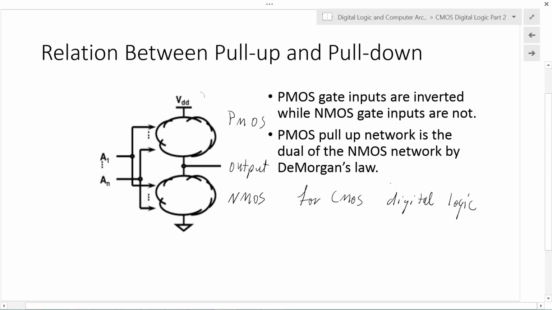Also, the pull-up network is going to be the dual of the NMOS network by De Morgan's law.